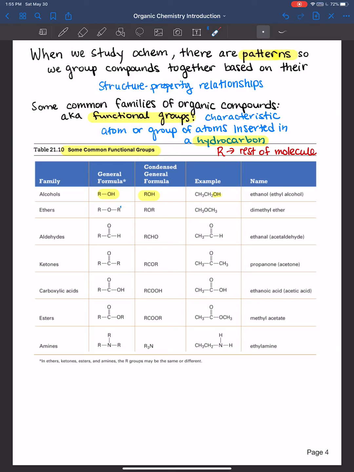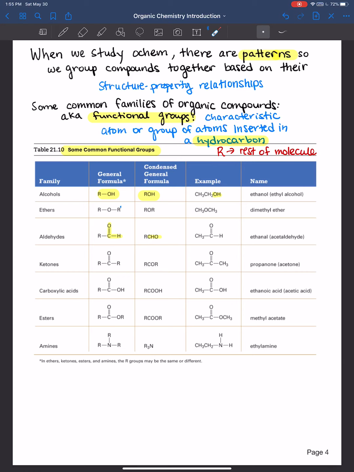Then there are the aldehydes, and aldehydes have a carbon double bonded to oxygen, and on one side of the carbon is a hydrogen, and on the other side is the rest of the molecule. Now, be mindful, sometimes it's shown in condensed form, which can be a little confusing for students when they see the CHO. Sometimes students will see this and think, ooh, alcohol, but the order is reversed.